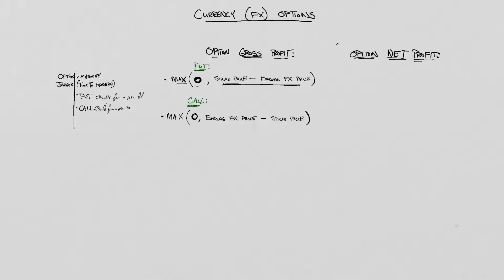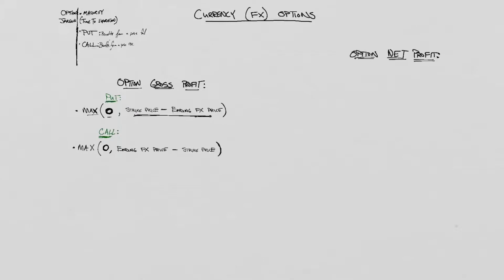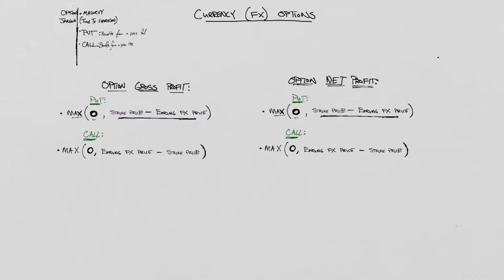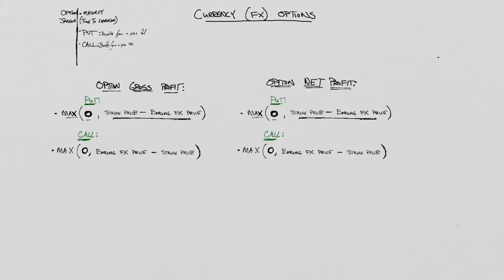The only difference between these two is that an option's net profit accounts for the premium, whereas an option's gross profit does not. So with options, the one thing that we need to do is subtract out the cost of the premium.